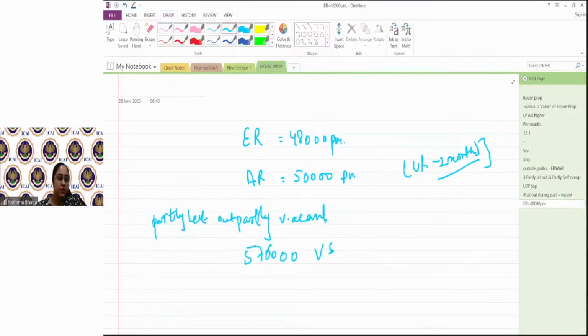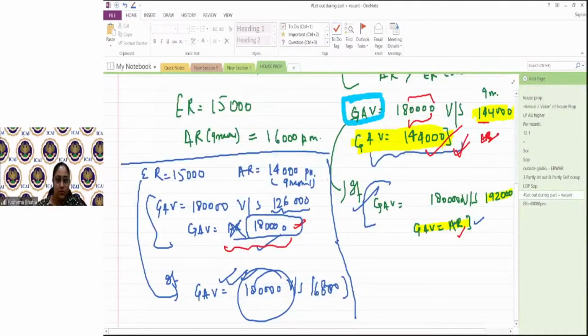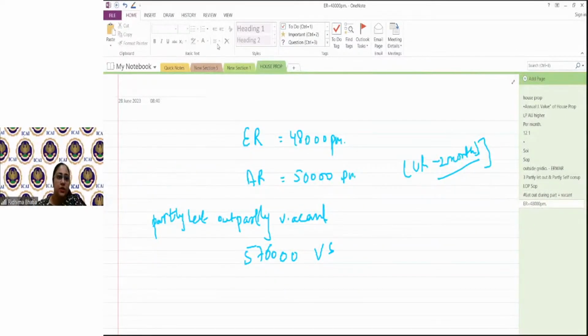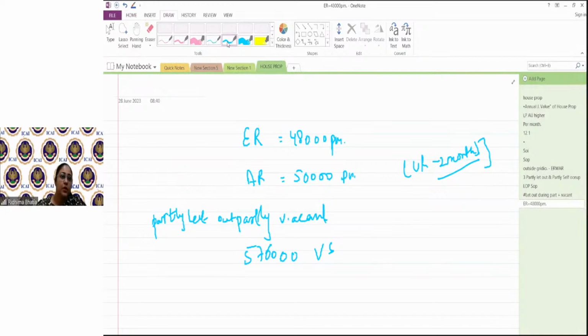Versus 50,000, actually it is for a 10 months period, correct? Actual rent is for a 10 months period, which is 5 lakhs. This is for 12 months. Expected rent we take for 12 months, actual rent is for 10 months.